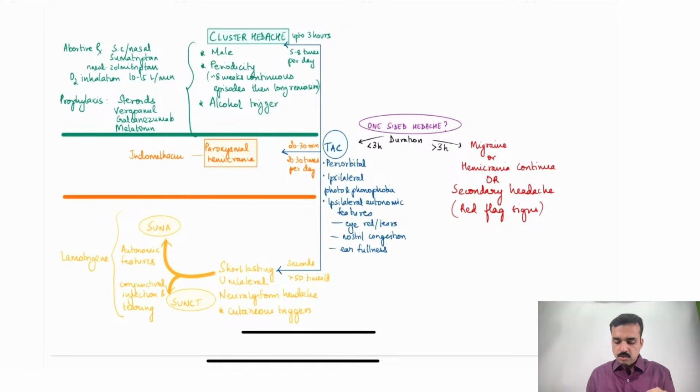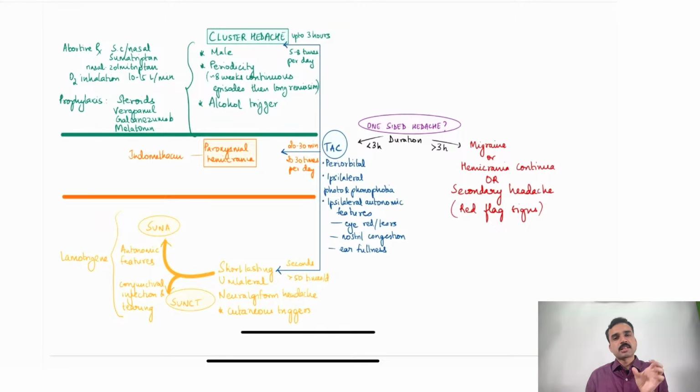Lamotrigine works very well. So you can use duration of attacks to try and arrive at the diagnosis. Usually cluster headache episodes will have periodicity, will be more common in men, alcohol will be a trigger, but the duration of attack will be in hours. Whereas in paroxysmal hemicrania, the duration of attacks will be in minutes. So unilateral periorbital headache lasting 20 to 30 minutes.